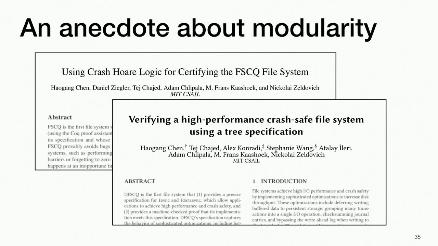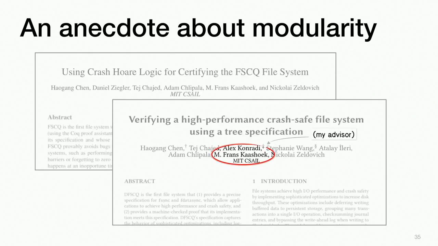Okay, so that was a lot of abstract description of composition. Let me go back and motivate why you might want this sort of modularity with a real example from our work. Here's an anecdote about where modularity failed us in some prior work. We wrote this verified file system called FSCQ, and in one of those papers, we wanted to prove some application correct on top of the specification, and that job fell to Franz, my advisor.